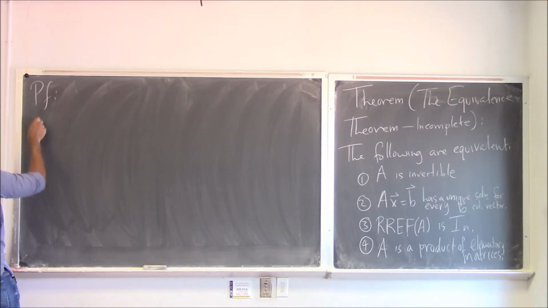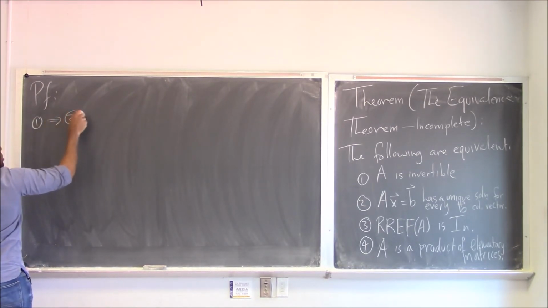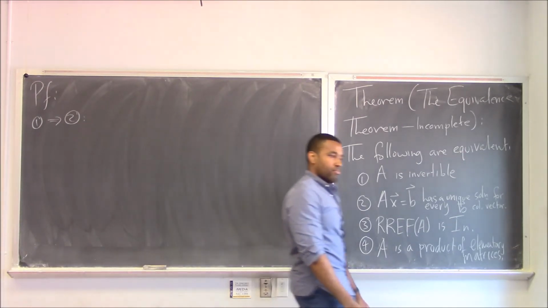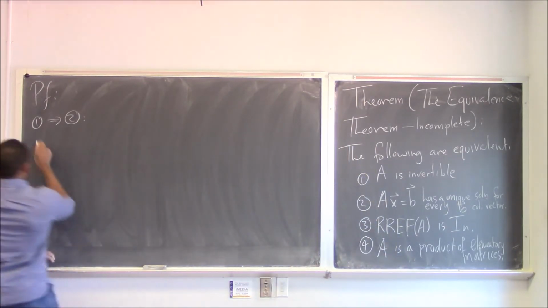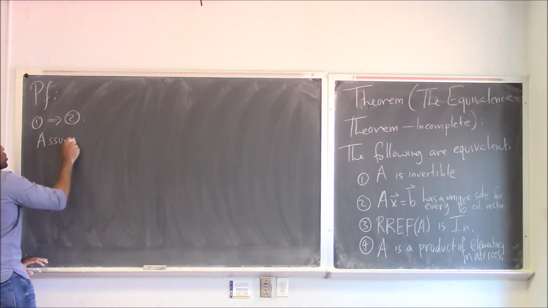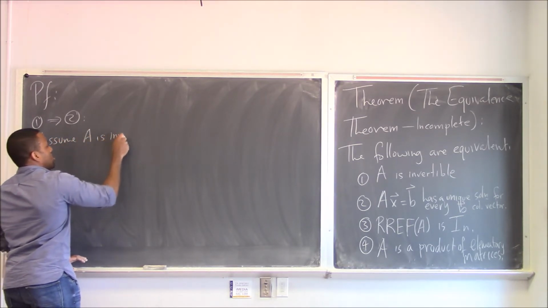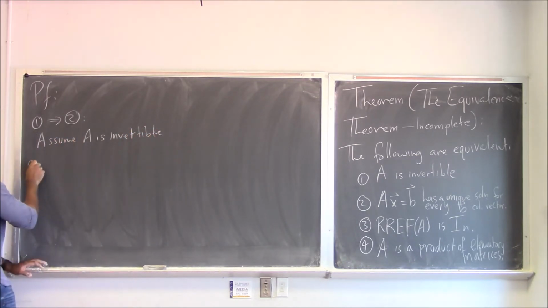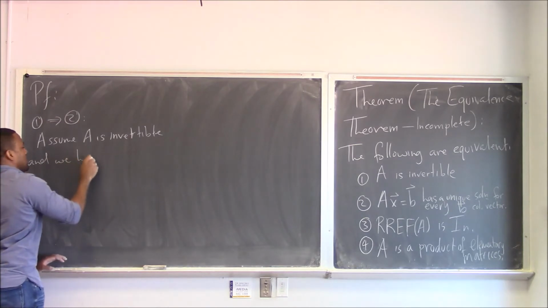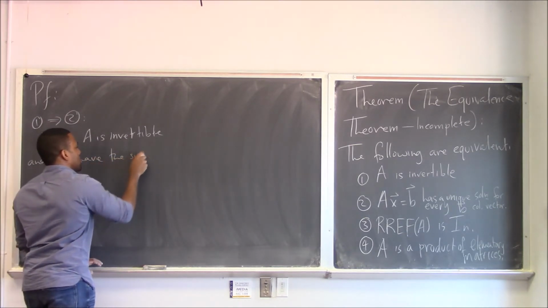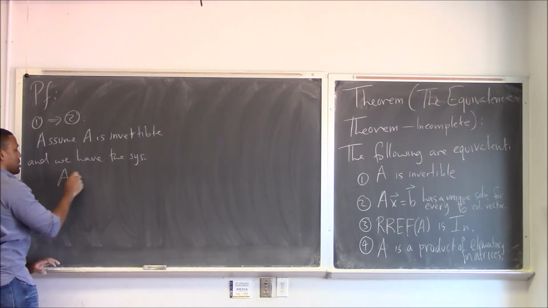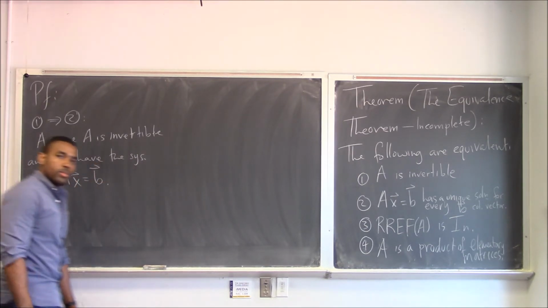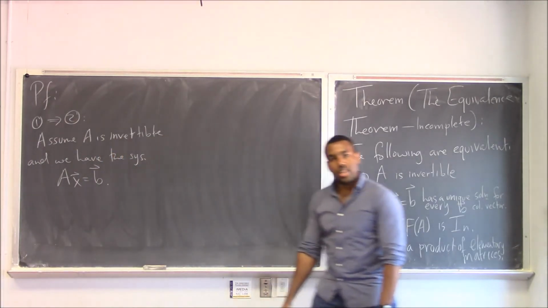So let's actually prove that. Let's show that 1 implies 2. Assume A is invertible, and we have the system AX equals B. Can you solve that system in a unique way?